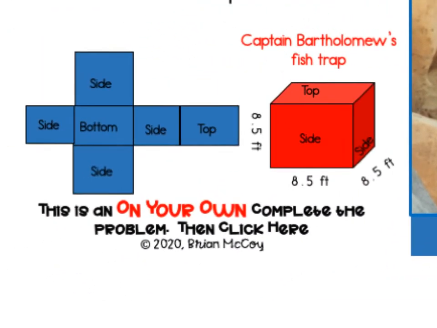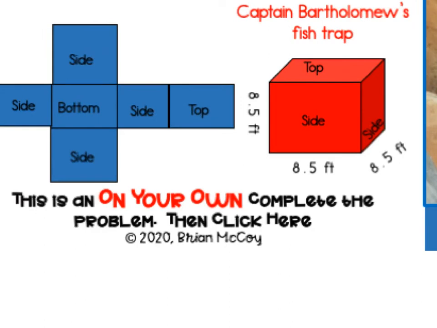Alrighty, so the very first thing I want to do is take a look here, and I'm going to start here with the bottom edge. As you see, I've got the side here, the top up here, and so this is my bottom edge, and it is 8.5 feet. If you look here, I've got this side, and this is my bottom edge.